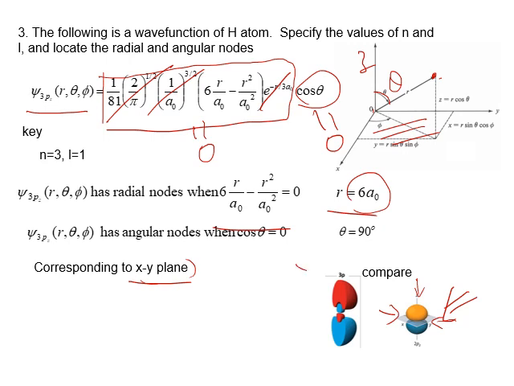Similarly, for the 3p orbital, you also see the xy plane through the origin where the wave function is 0. But there's also a difference: it changes sign inside this small circle that is blue and then becomes red, and on the bottom you have a small red and then it becomes blue. The sign changes. So there is a distance where the wave function is 0, and that is a spheroid. The distance is 6a naught, where the wave function becomes 0.